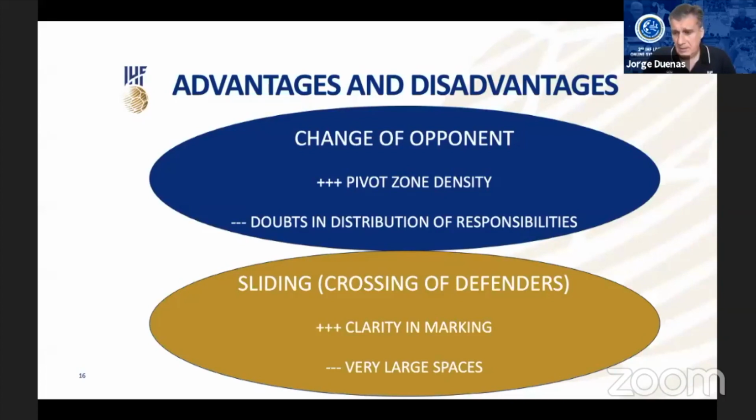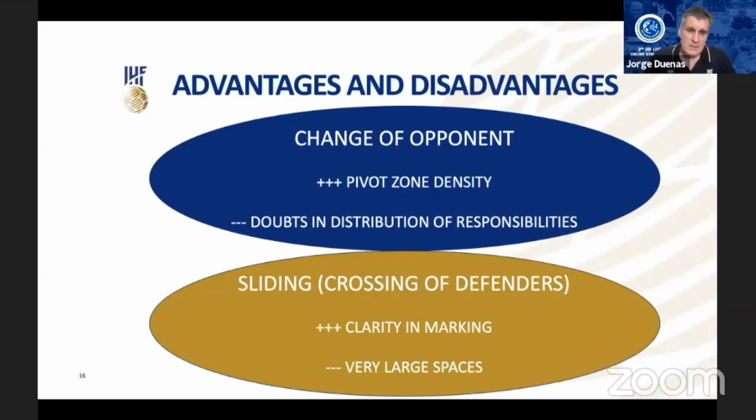In my opinion, when I defend with a change of opponent, the positive situation or advantage is the pivot zone density. In this case, the space for the pivot is not so big. It's a positive idea when you defend with a change of opponent.